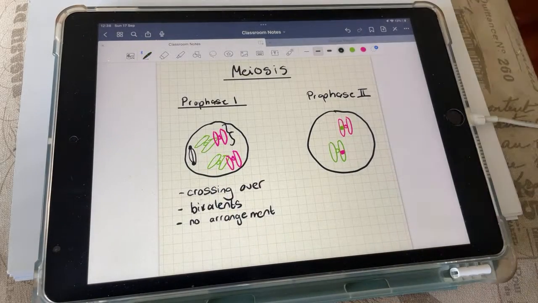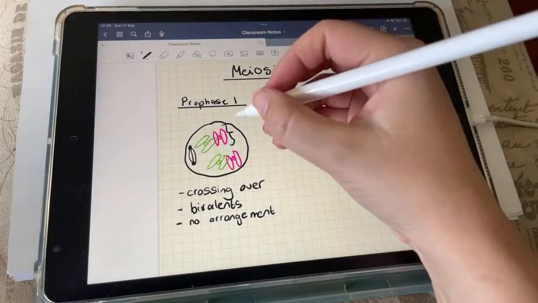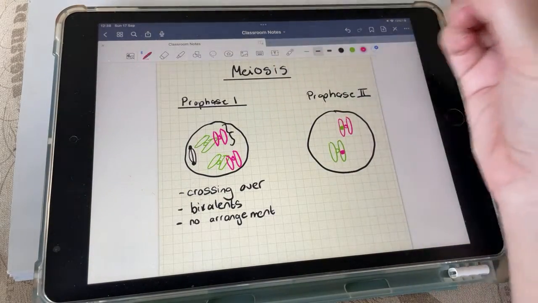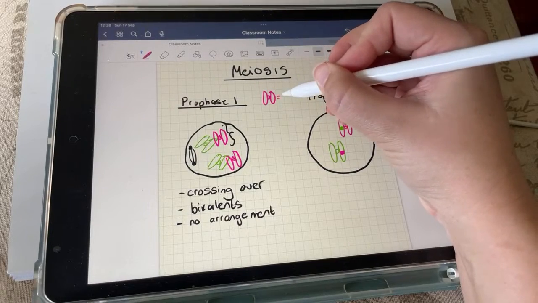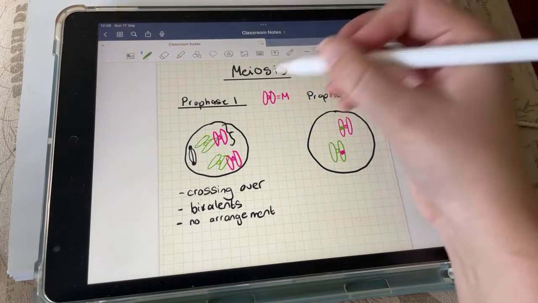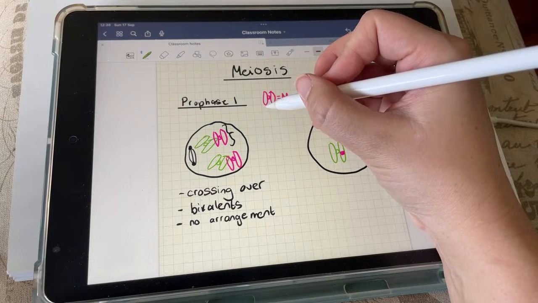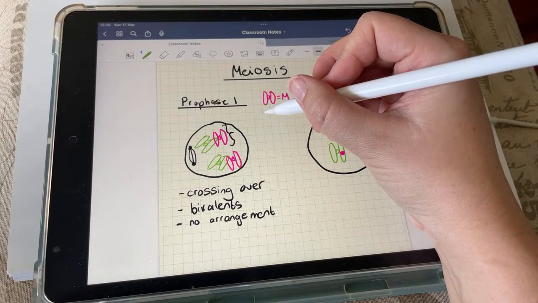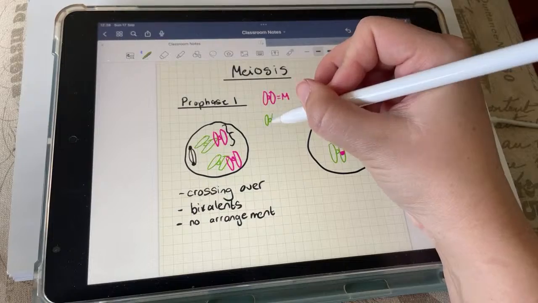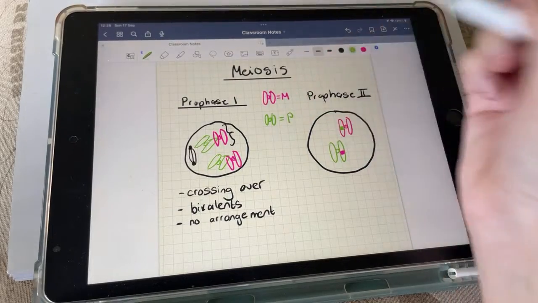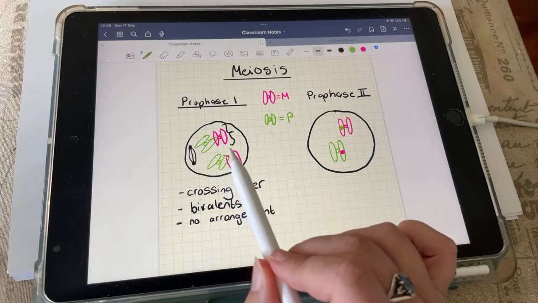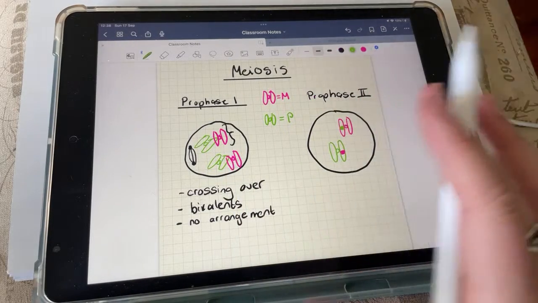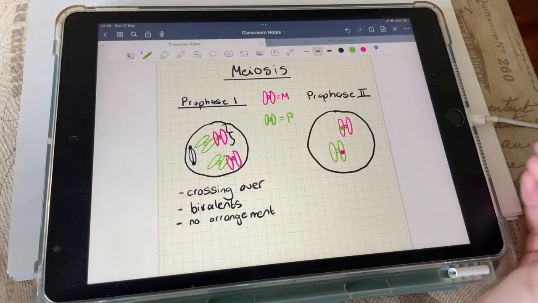Well, first things first, that is because my pink chromosomes, and maybe I'll make a little key at the top here, my pink chromosomes are going to be my maternal chromosomes, and my green are going to be paternal chromosomes. So you can only have one of each in a pair. So I didn't put pink with pink because I didn't want to work that way. Okay.